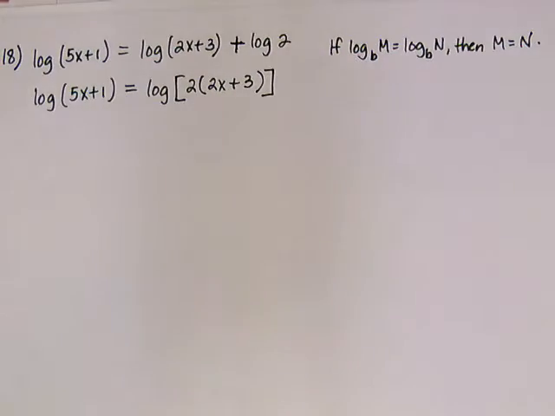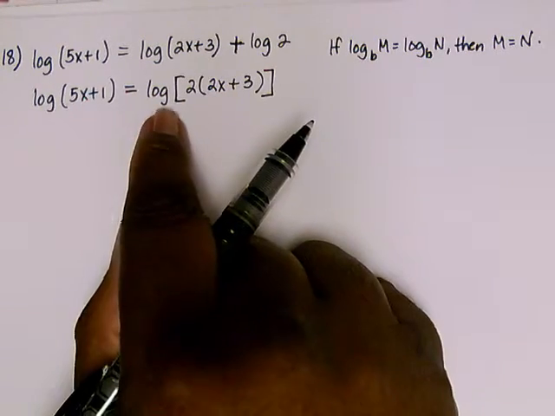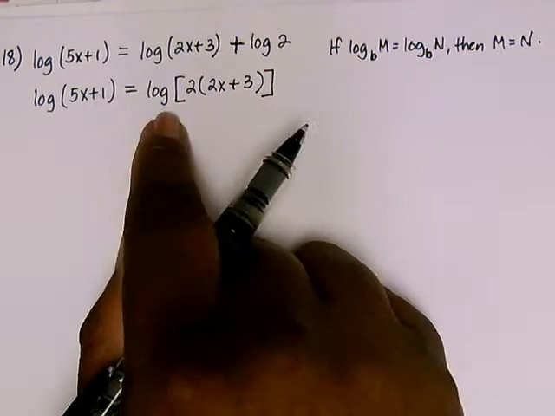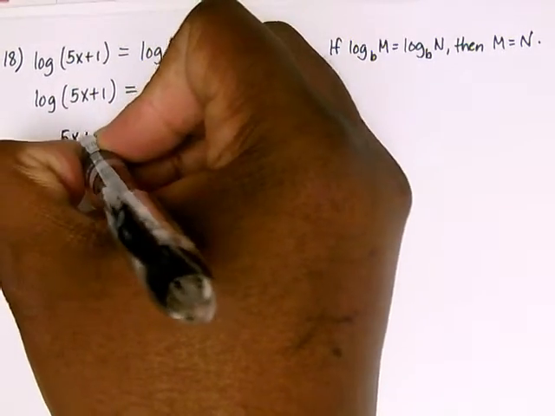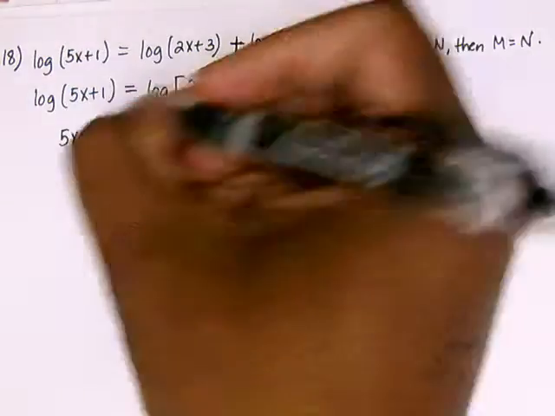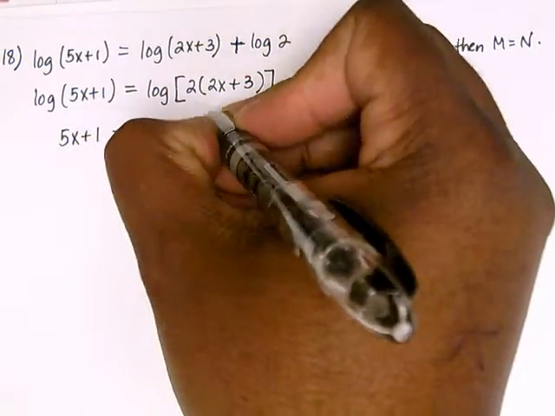That's the one-to-one property. So I'm going to apply that to this particular problem here. They're both common logarithms, so I can set the 5x plus 1 to be equal to the 2 times 2x plus 3.